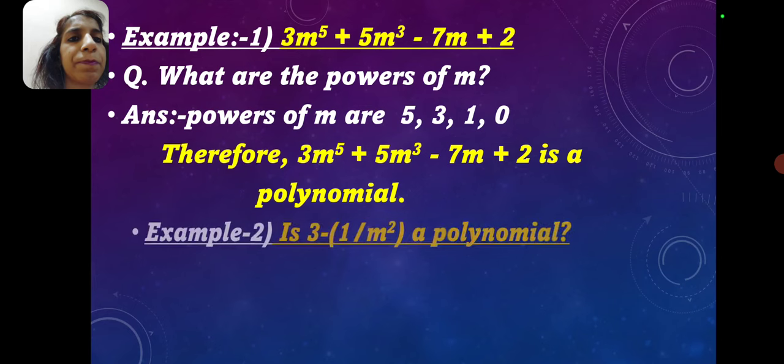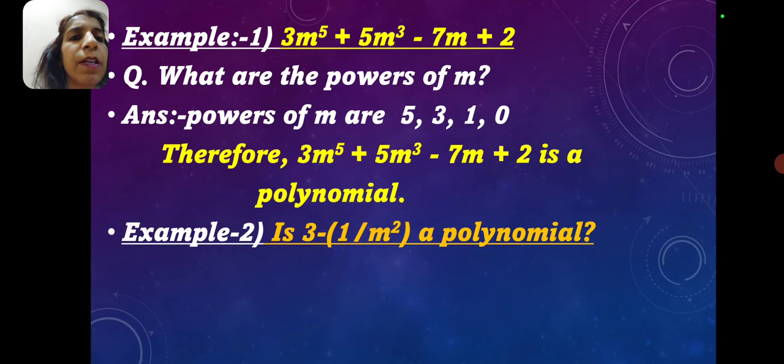Okay. Next example, is 3 minus 1 upon m square a polynomial? We have to check whether it is a polynomial. So how can we check that? By checking whether the powers of the variable are whole numbers.